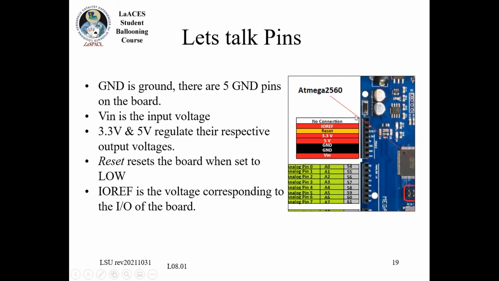This IO reference pin is going to be whatever the corresponding high voltage is. So for the Mega 2560, that'll be 5 volts. But there are also 3.3 volt Arduino boards, like the Arduino Due, for example. In that case, that IO ref would be 3.3 volts.